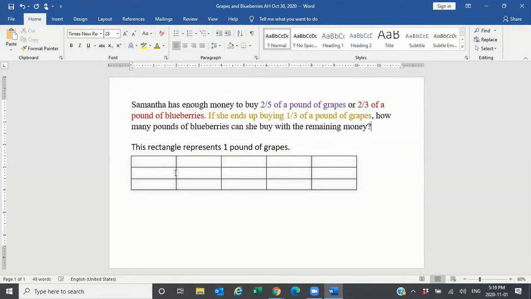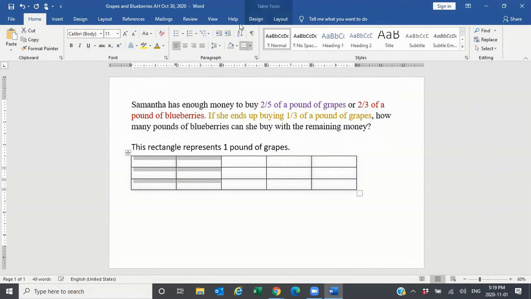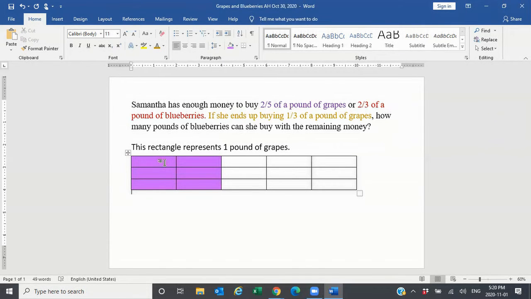That means if a pound of grapes were divided into 5 parts, she would be able to buy 2 of them. 1/5, 2/5. So this is how much of a pound of grapes Samantha has money for. I'll make that purple to match the sentence.